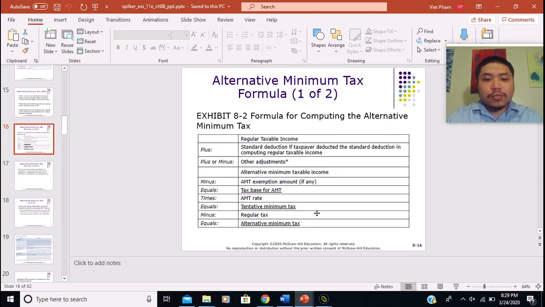So to calculate the alternative minimum tax, we take the tentative minimum tax, subtract the regular tax, right? And if the amount is positive, basically if the tentative minimum tax is greater than the regular tax, then the taxpayers have to pay that difference, right? But if the tentative minimum tax is lower than the regular tax, then the taxpayers don't have to pay the AMT at all, right?